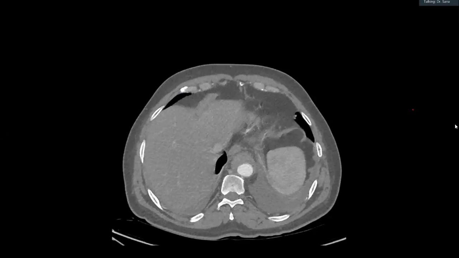The aorta is arterialized, showing contrast in the visualized aorta. I can see the peripheral outlining of the aorta clearly.